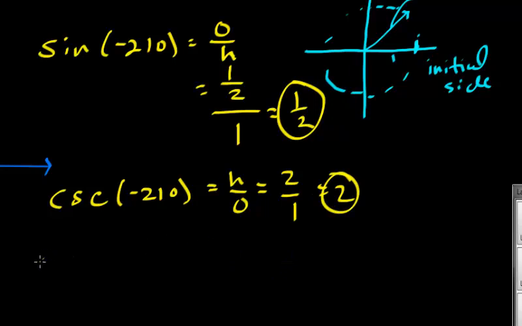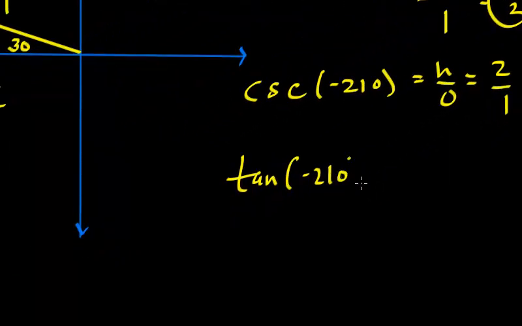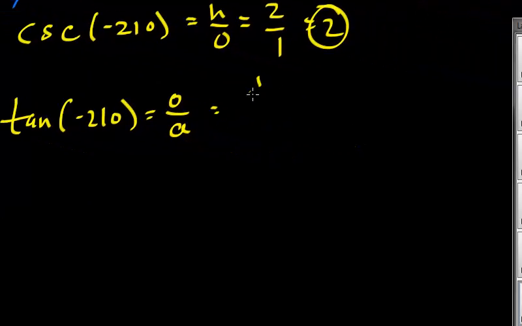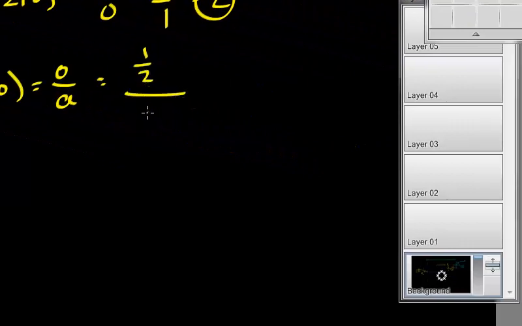The tangent is slightly different. The tangent of negative 210 would be opposite over adjacent, which, from this reference angle theta here, or 30 degrees, the opposite would be 1/2 over negative radical 3 over 2.